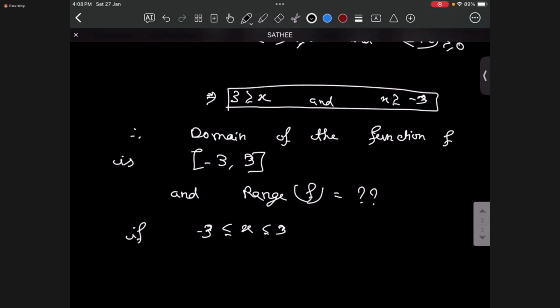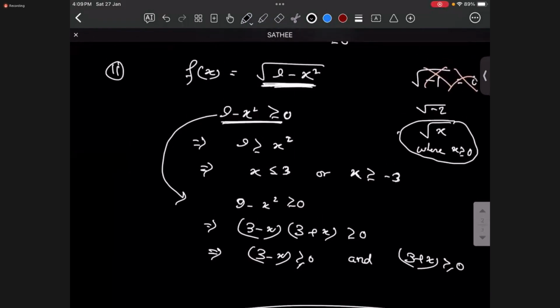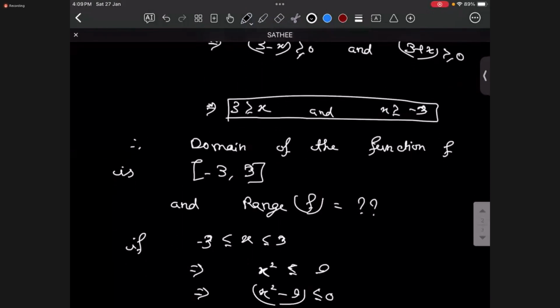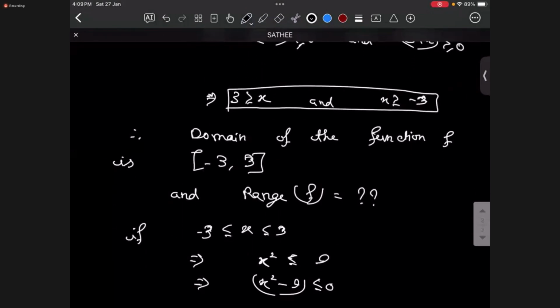This thing implies x square is less than or equal to 9, right? This implies x square minus 9. What happened? Correct or not?